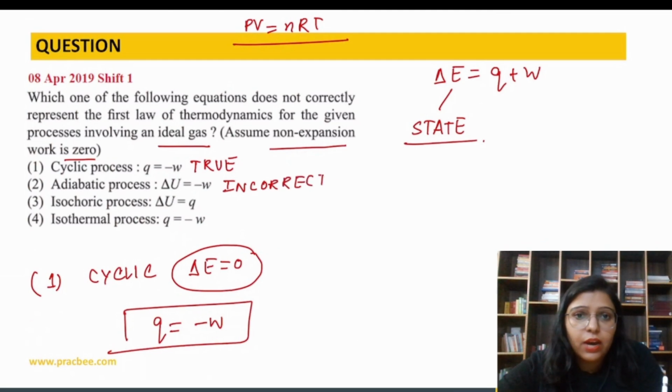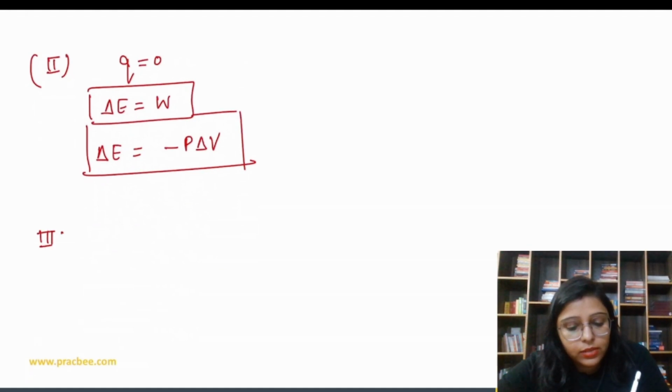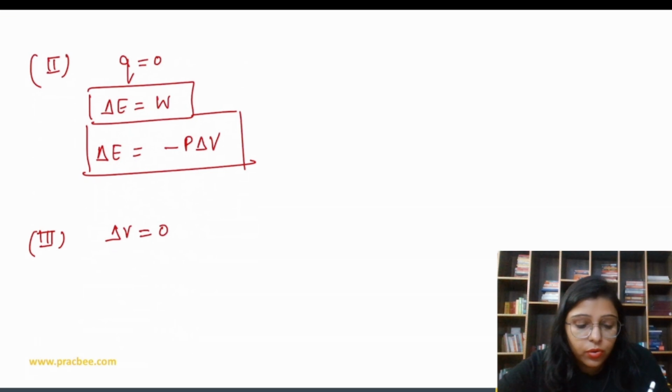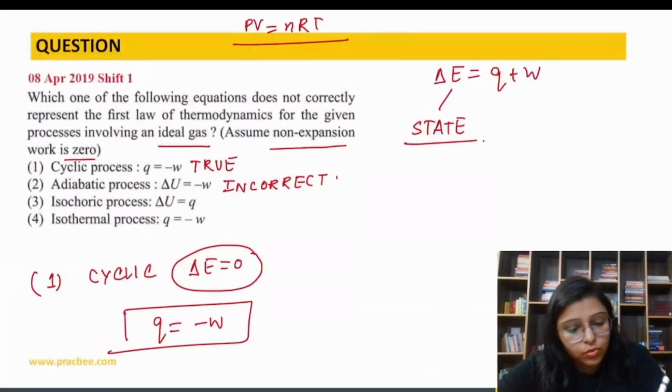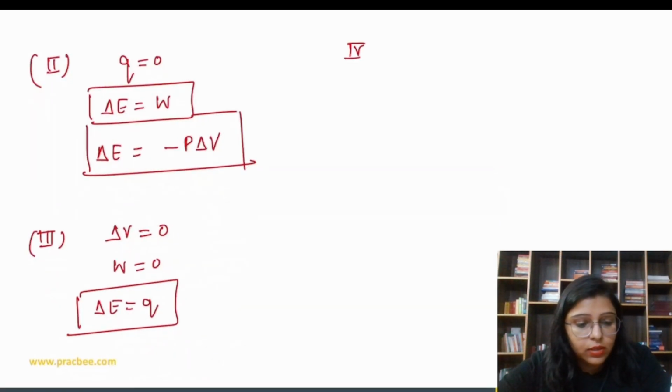Okay? Now for the isochoric process, that is delta V is 0, volume change is 0. So it means work done is 0, and we can say delta E is equal to Q. So this is true. For the isothermal process, delta T is equal to 0.